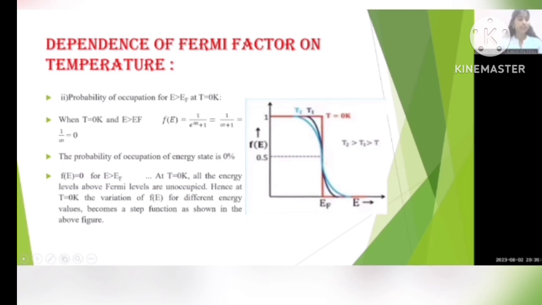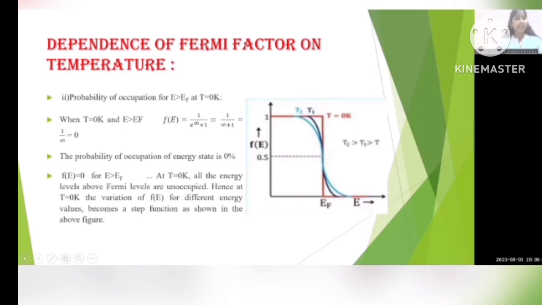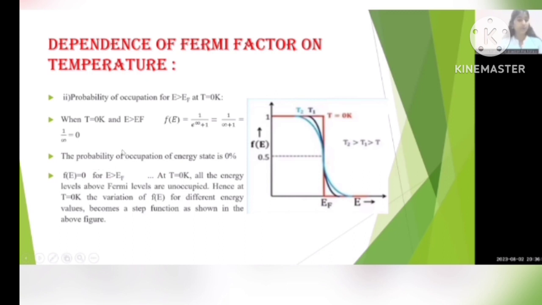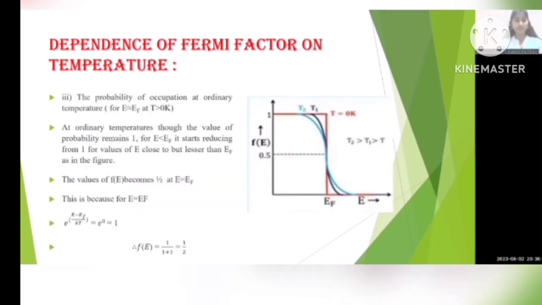If we put infinity for e^((E - Ef)/kT) in the Fermi-Dirac distribution, the probability of occupancy for a given energy level E is 1 / (1 + infinity), which equals 1 by infinity, which equals 0. This indicates that energy levels above Ef are completely empty at absolute 0 Kelvin temperature.